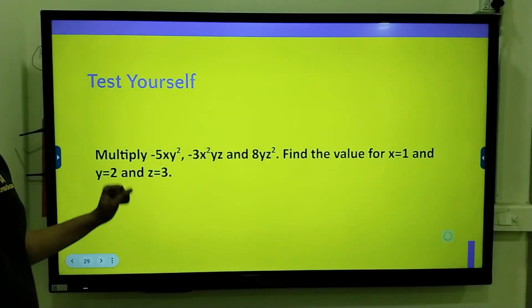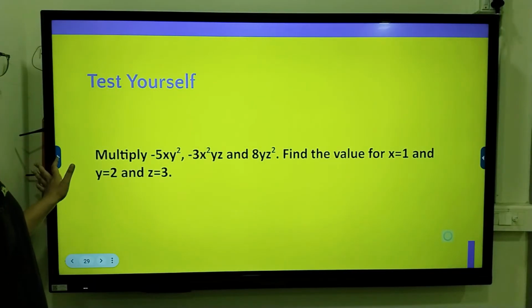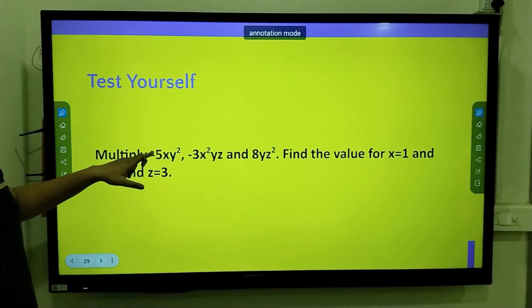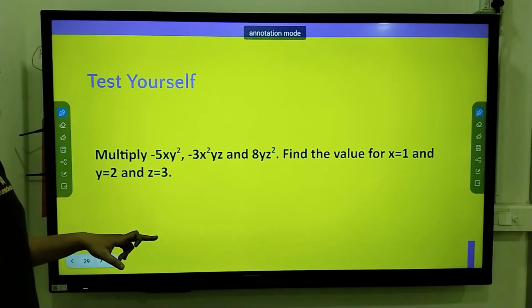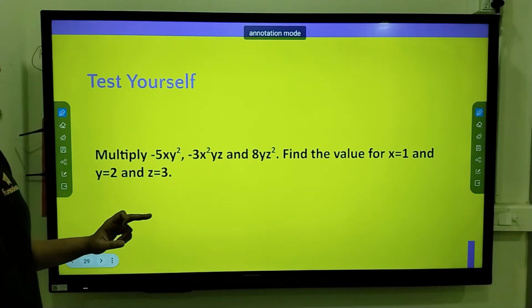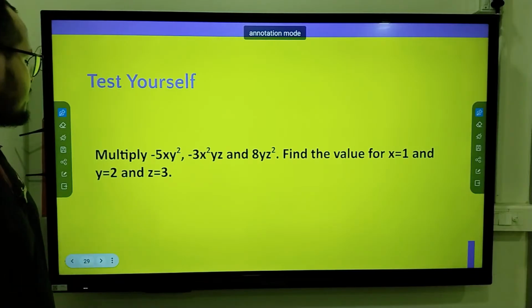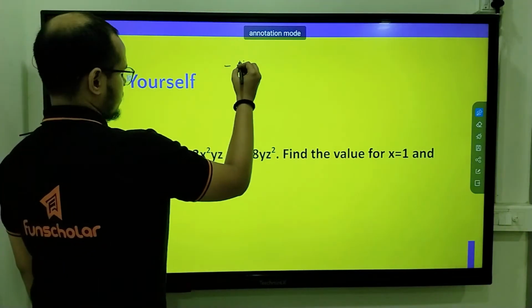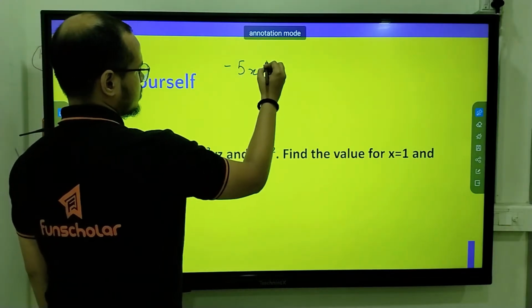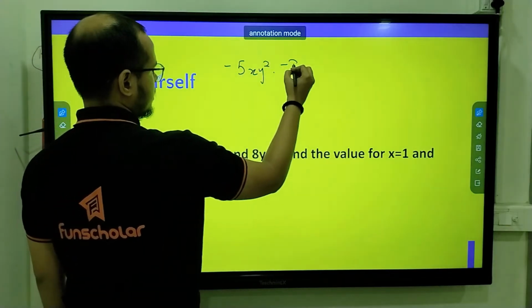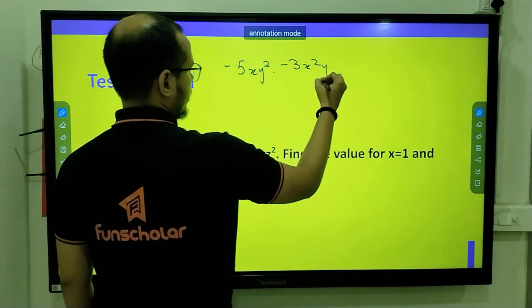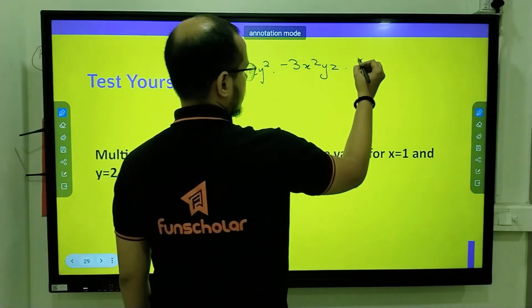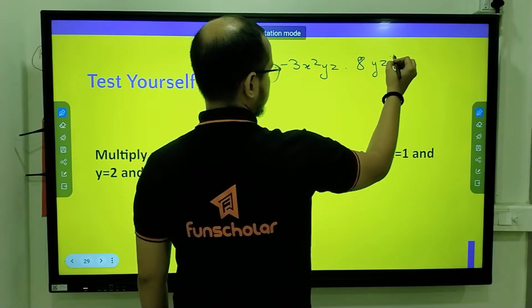Okay, now see, this is another sum. Let's solve for it. Multiply −5xy², −3x²yz and 8yz². Okay, let's start. −5xy² multiplied by −3x²yz multiplied by 8yz².